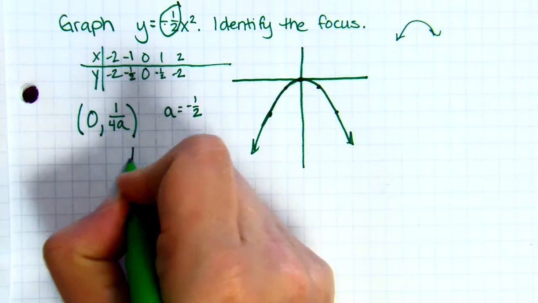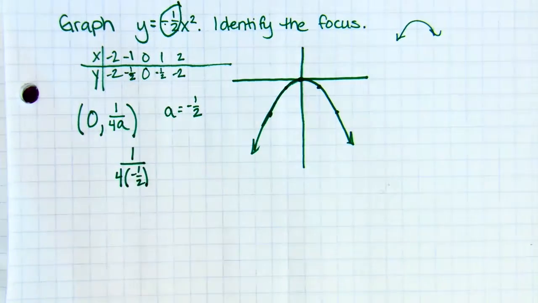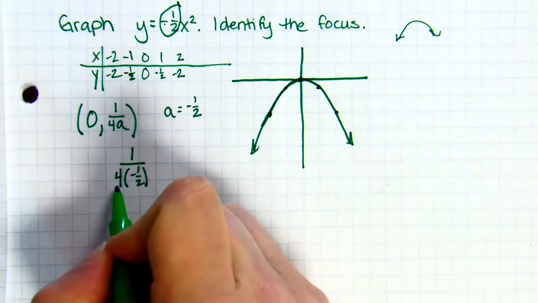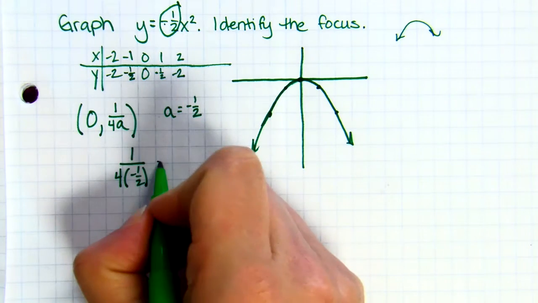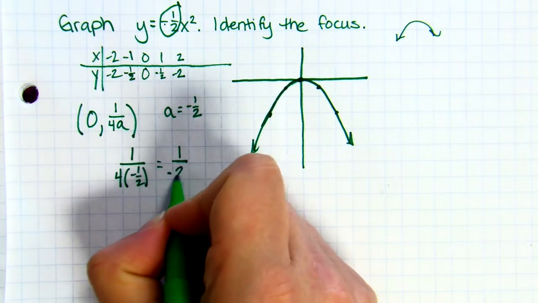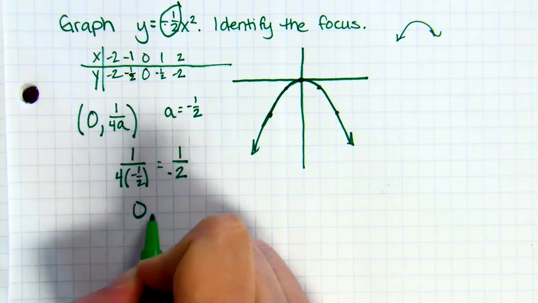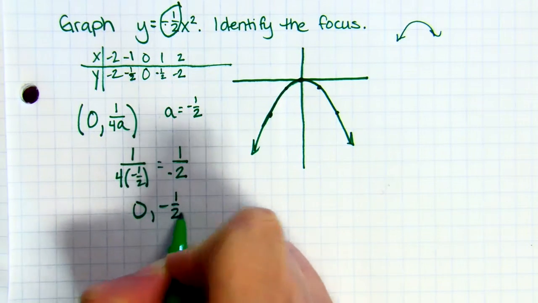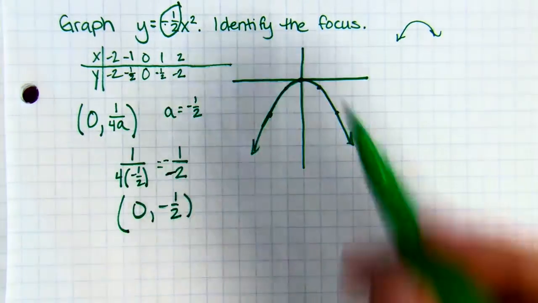So 1 over 4 times -1/2 is what my y coordinate is going to be. 4 times -1/2 is -2, because half of 4 is 2, and this is negative. So the coordinates for my focus will be 0, -1/2. I can bring that negative right here out to the front.